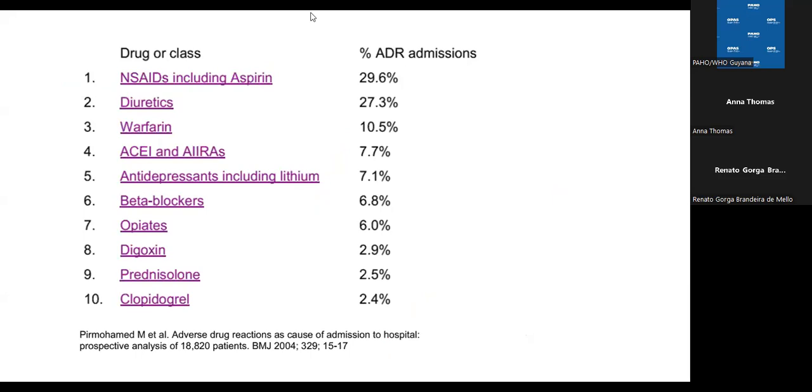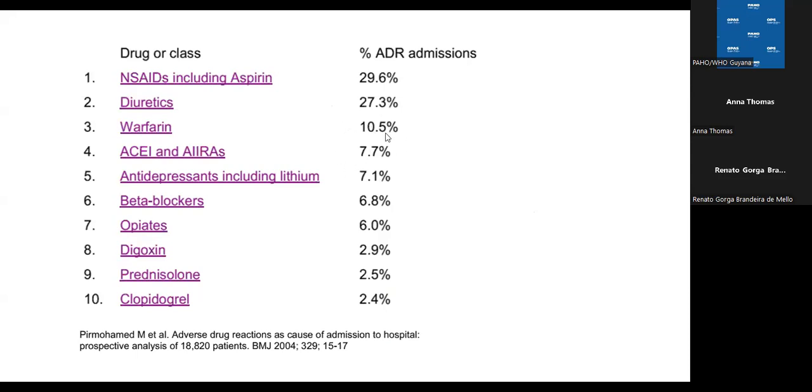Here are the frequent culprits. NSAIDs, including aspirin, are responsible for almost 30% of all ADR admissions, followed by diuretics, warfarin, ACE inhibitors.